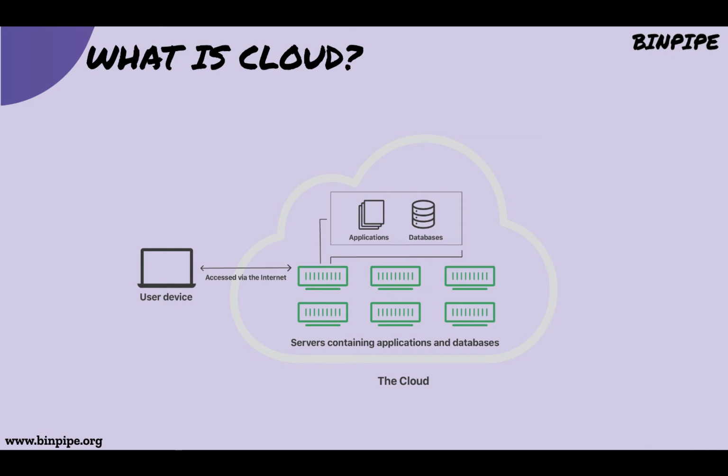Another advantage it provides is that it is flexible. That is why cloud services are also called elastic. You might have heard the term elastic compute service, which we call EC2, in Amazon services. The term elastic means flexible.